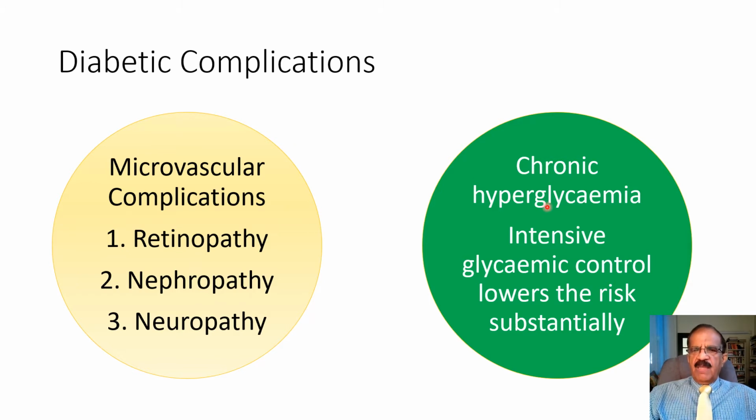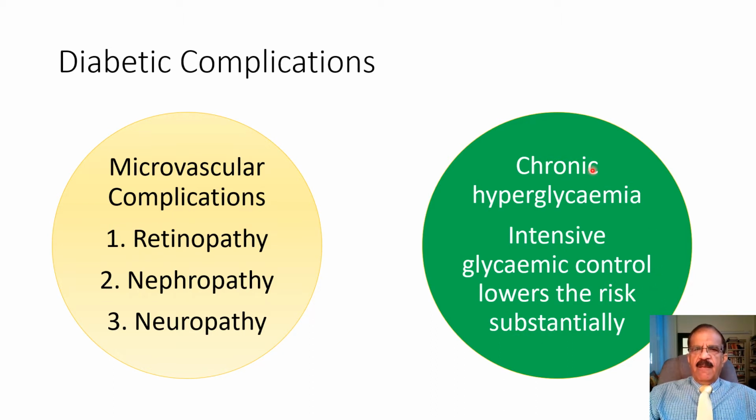We can prevent them by intensive control, and UKPDS has shown us, and many other studies have also shown, that with intensive glucose control, we can substantially reduce the risk of these complications. So that is very heartening. That is actually the reward the patient gets.